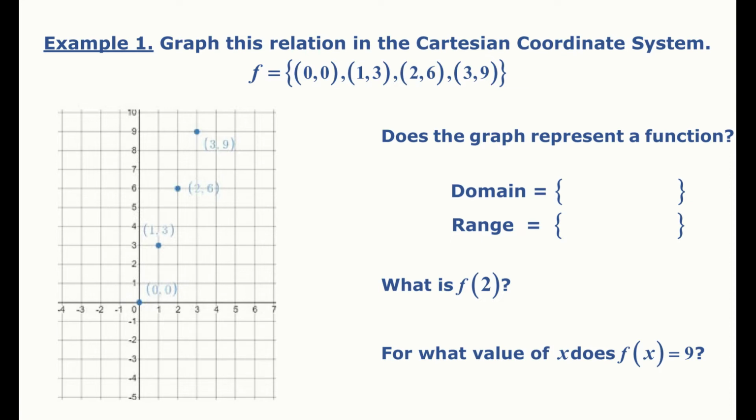Remember, domain is the set of all the inputs, right? So what are they? 0, 1, 2, and 3. The range is the set of all the outputs, so 0, 3, 6, 9.